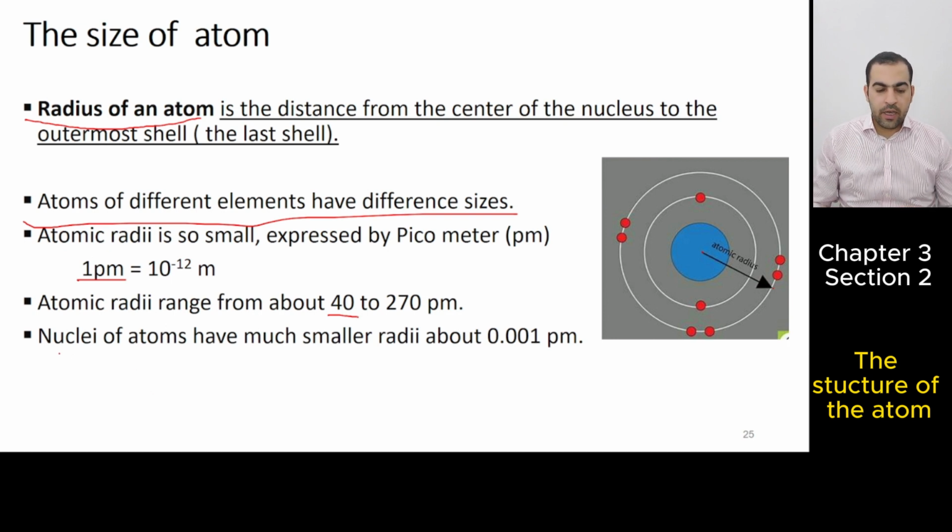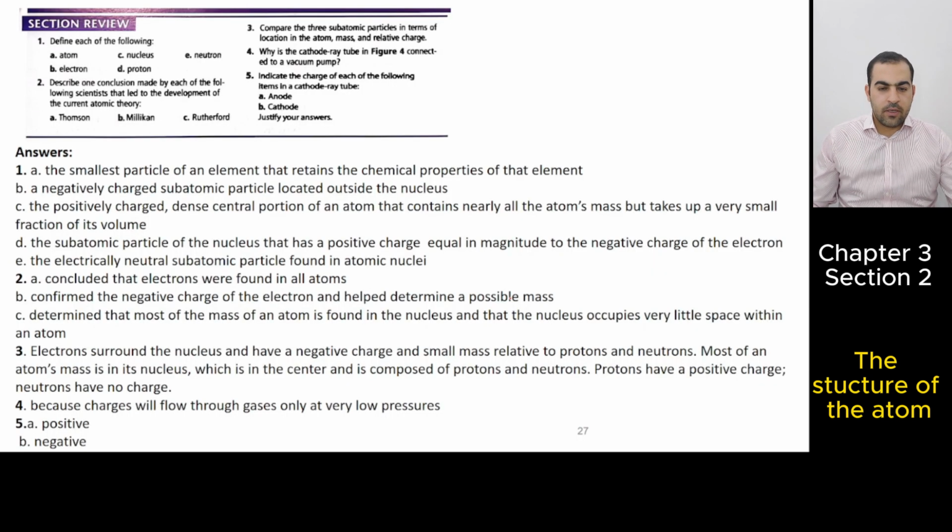Also, nuclei of atoms have size, but it is very small compared to the size of the atom. It's about 0.001 picometer. Okay, this is the end of the lesson.